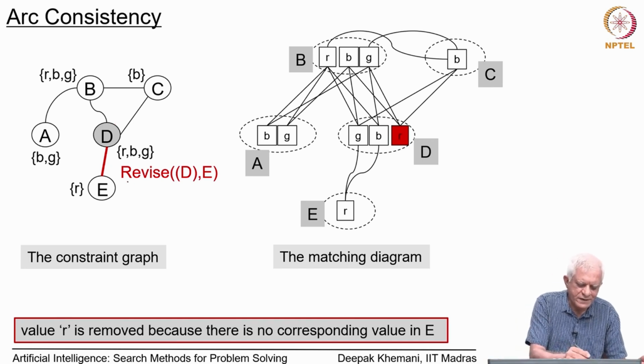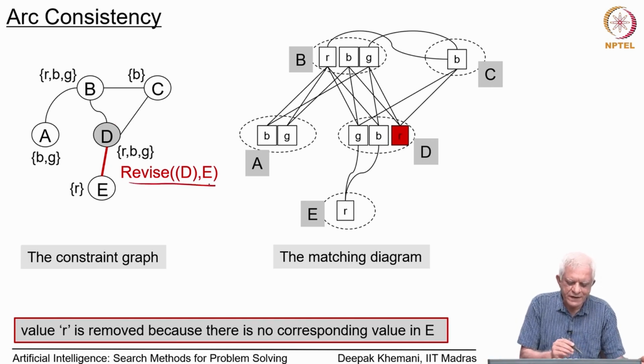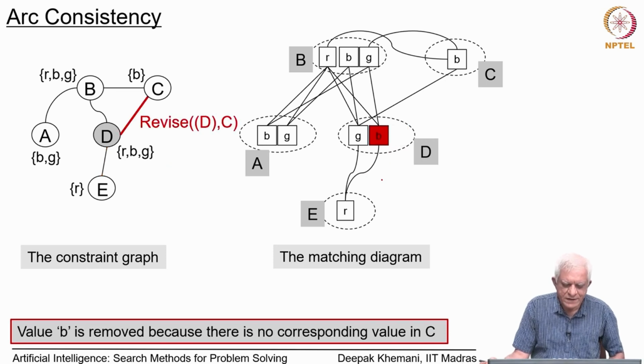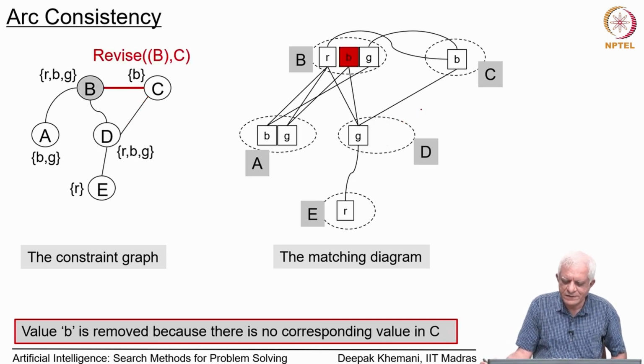So, first we revise D with respect to E, and you see that in the matching diagram there is a value R in D shown in red, which does not have a corresponding value in the domain of E. So, revise will remove that value R from there essentially. Then we revise D with respect to C, and you can see that this value B does not have a value B in the domain of C. So, B will go from this domain.